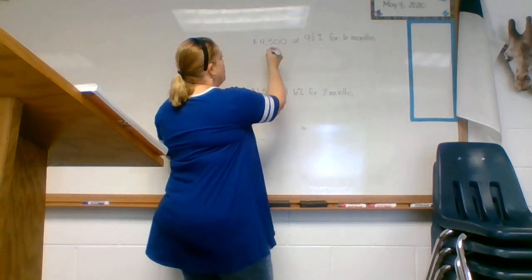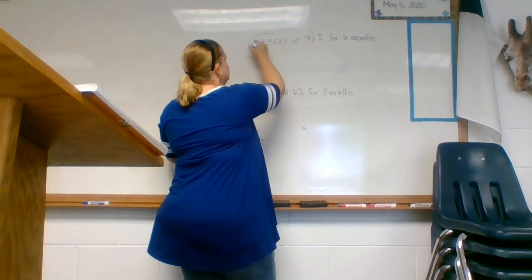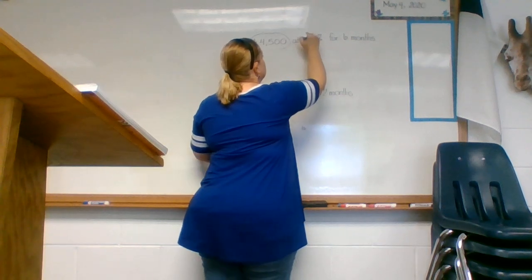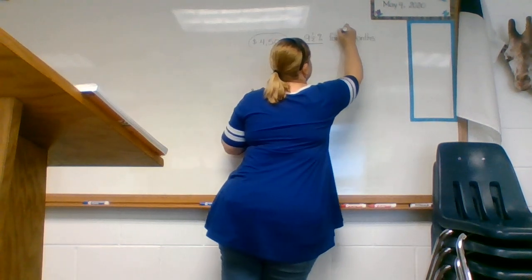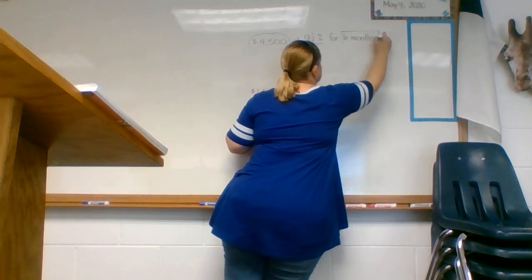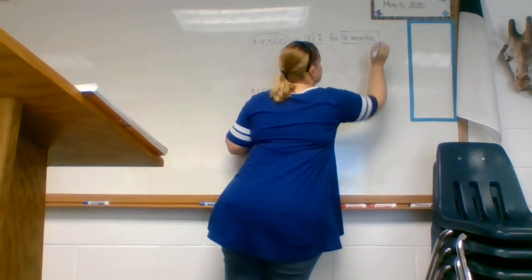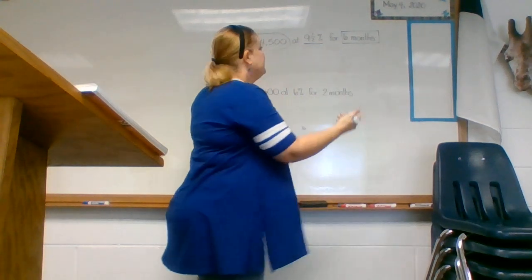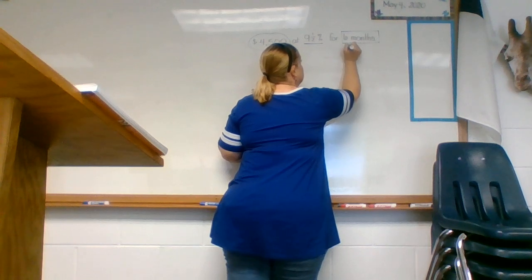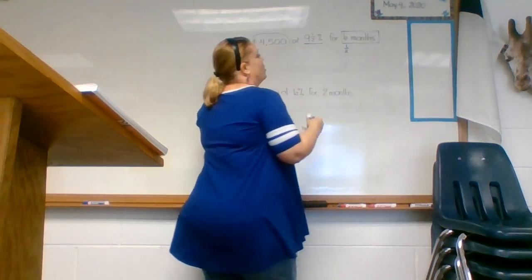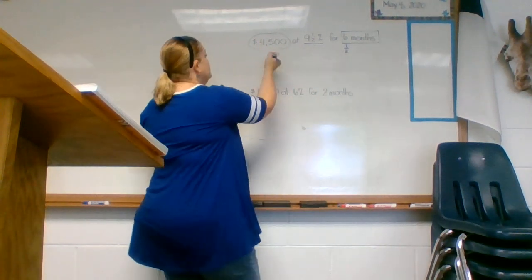Now we know, of course, that we're multiplying our principal times our rate times our time. But this has to be expressed in terms of years. Now 6 months we know is 6 out of 12 or half.